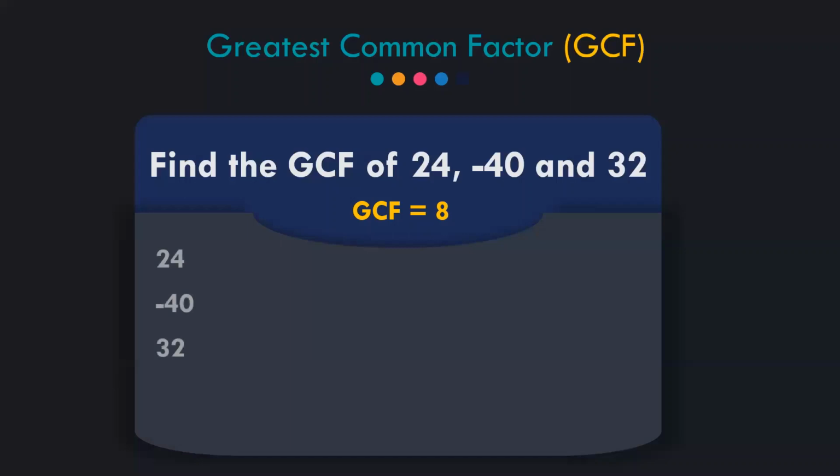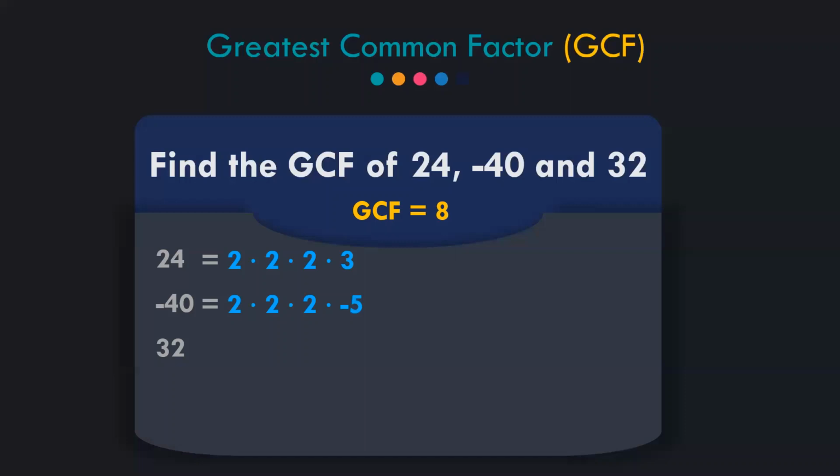So again, let us try the prime factorization. So 24, the prime factors are 2 times 2, which is 4, times 2, that is 8, times 3, 24. Negative 40, since this is negative, ibig sabihin, yung isa sa prime factor ni 40 ay dapat negative number.